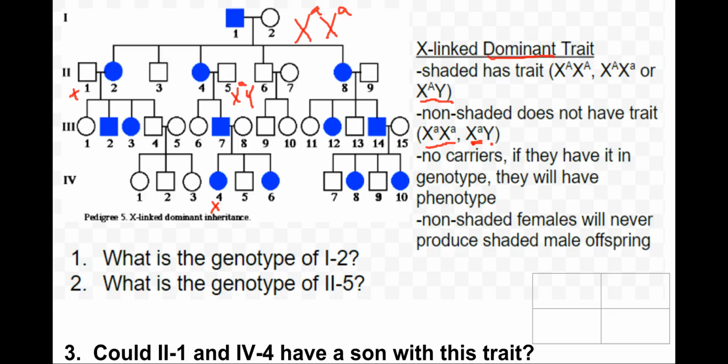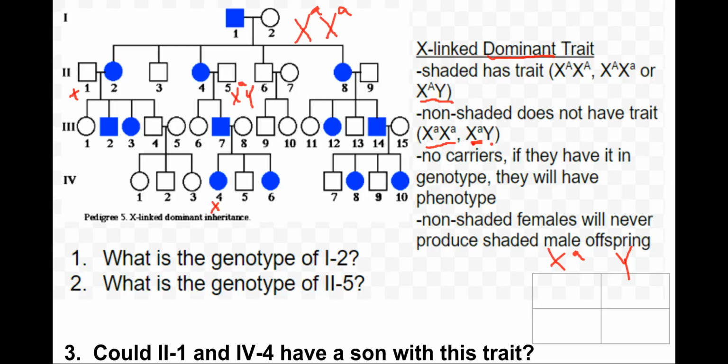In order to figure this out, we need to take a look at what are the genotypes of both of these. So 2, 1, this dad has to be that. And 4, 4, this female could be X capital A, X capital A, or X capital A, X small a.